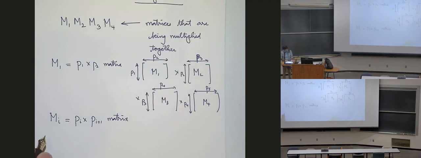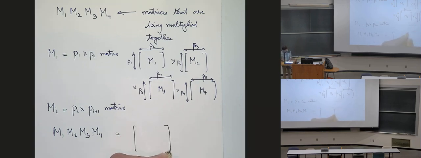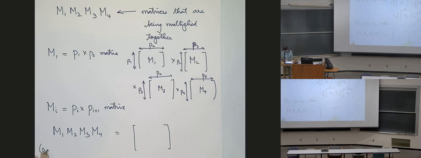So the idea is you want to compute M1, M2, M3, M4. So what are the dimensions of this matrix going to be? So this is eventually going to give you some matrix. And remember, this was P1 cross P2. This is P2 cross P3. This is P3 cross P4, and this is P4 cross P5.